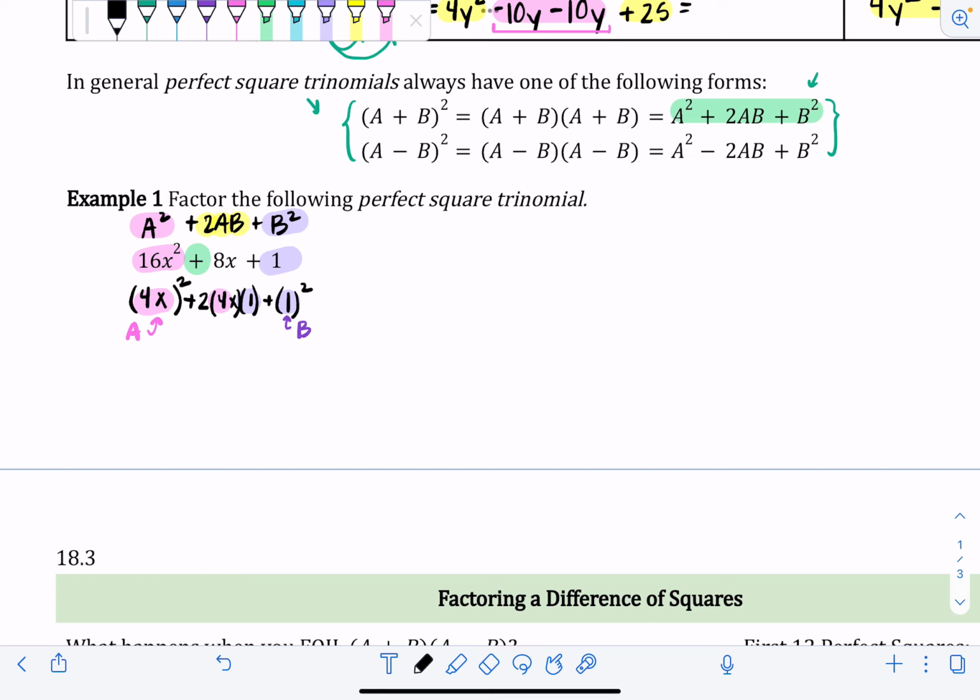So this middle part is 2 times a times b, so 2, and then times a, that was 4x, and then times b, that was 1. And it's always good to double check, especially if you're not sure if it's a perfect square trinomial, that from here to here, we're not actually changing the value of anything. For example, this is an 8x, and then 2 times 4x would be 8x, times 1 is still 8x. So this value is still 8x. I'm not changing the value at all, I'm just rewriting it in the form 2ab.